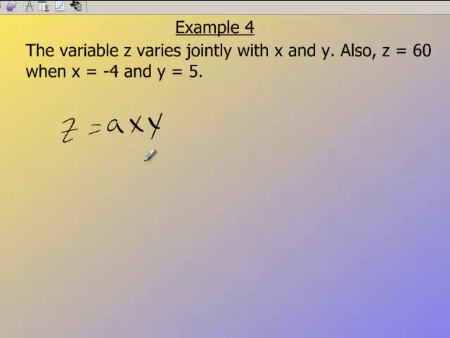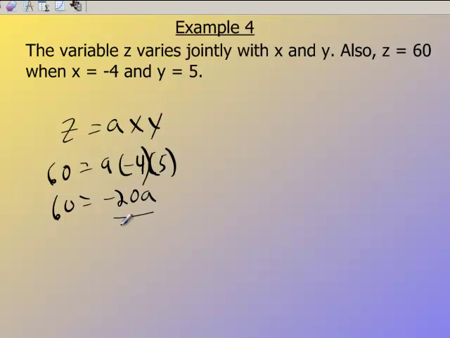Could be 3, could be more. And I'm going to substitute what I know. So Z is 60, A is our constant of variation, which we need to find, and then times -4 times 5. So 60 equals -20A. And then I divide by -20, which will give me -3. So my constant of variation is -3.